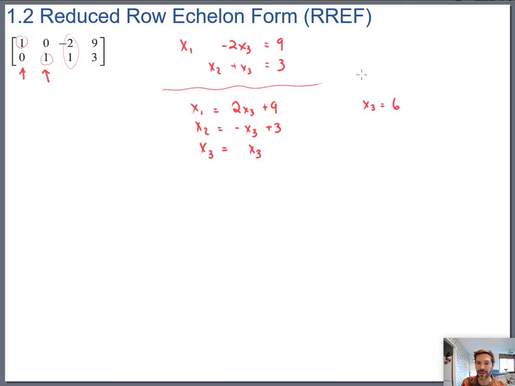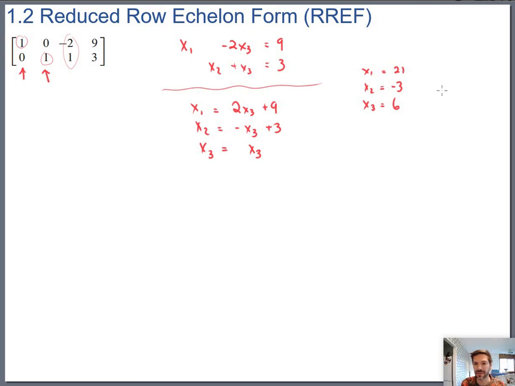Now I should be able to write down x1 and x2. So if x3 is 6, then x2 is going to be negative 6 plus 3, so x2 would be negative 3. And x1 will be 12 plus 9, which is 21.